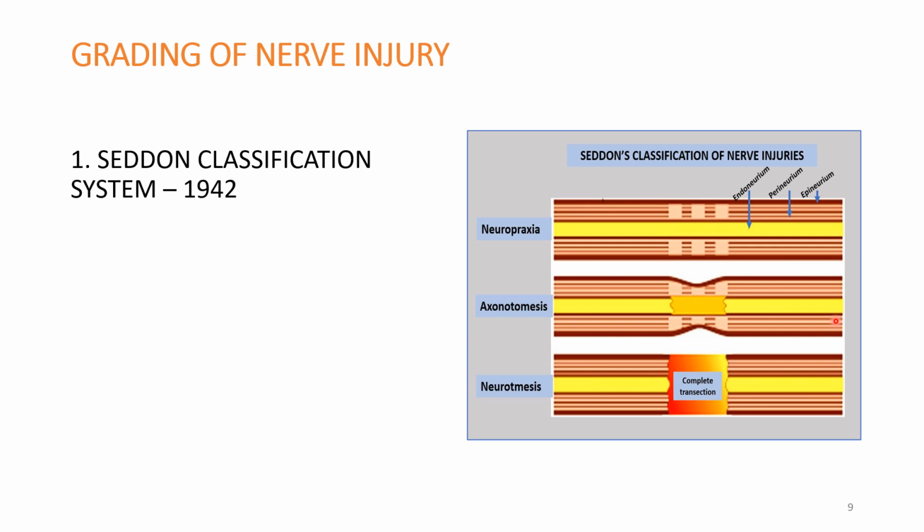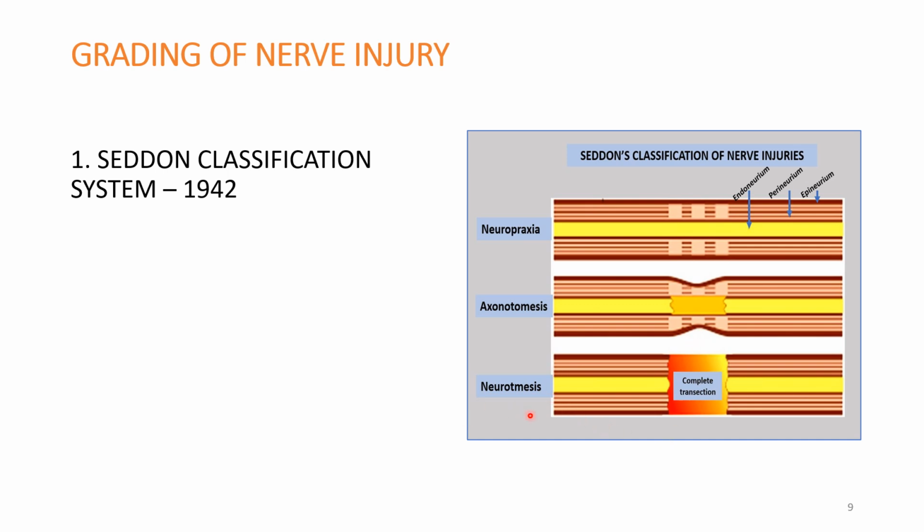But here what is intact? Myelin sheath is intact. Endoneurium, perineurium, and epineurium are all intact, and they are functional. Here you can see Wallerian degeneration, and recovery occurs within a few weeks or few months.